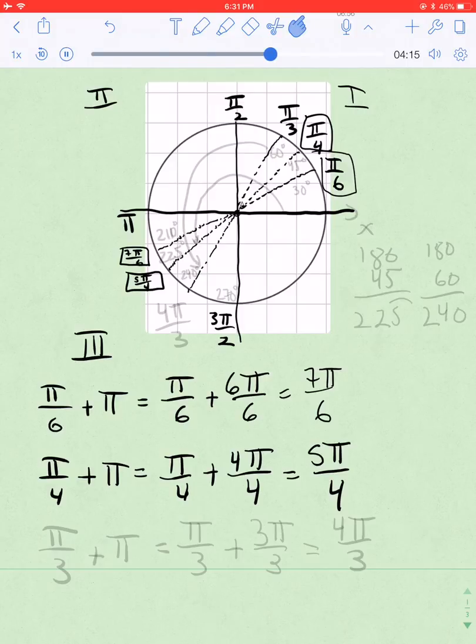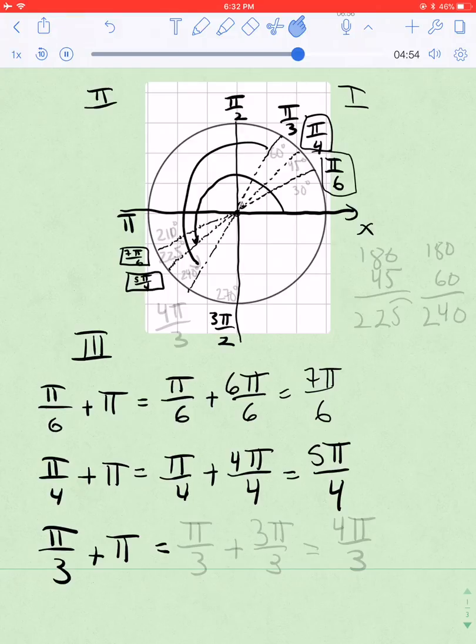That means from the starting side on the x-axis all the way over to there is beyond 180 degrees, beyond pi radians, excuse me, and 5 pi over 4 is in fact a measurement greater than pi radians. So the last one we're going to worry about for quadrant 3, we'll start with quadrant 1, the pi over 3, and we'll add to that pi units, right?